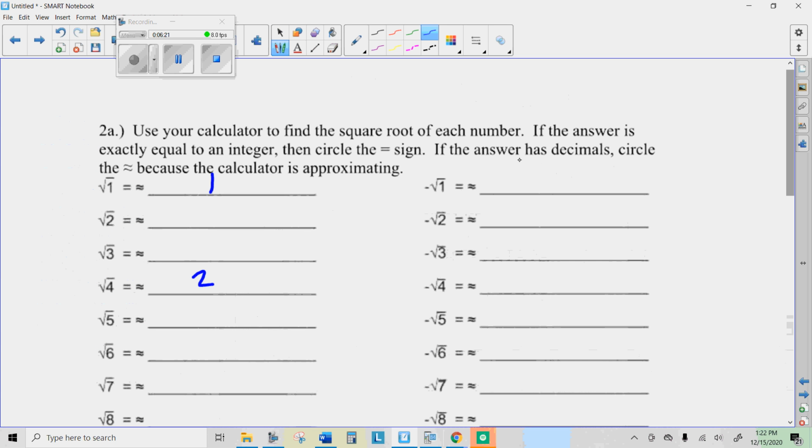If the answer is decimals, I think I'm just going to go out 3 decimal places. That's okay with me if you round it out 3. But if it goes on forever, in other words, we had to round it off, then you're going to circle the approximately equal. If it's exactly equal to some number like 1 is, then you're going to circle the equal. All right, go ahead and finish that up.